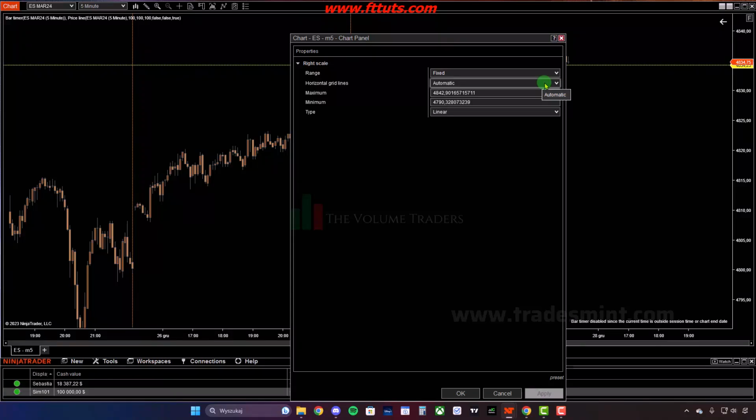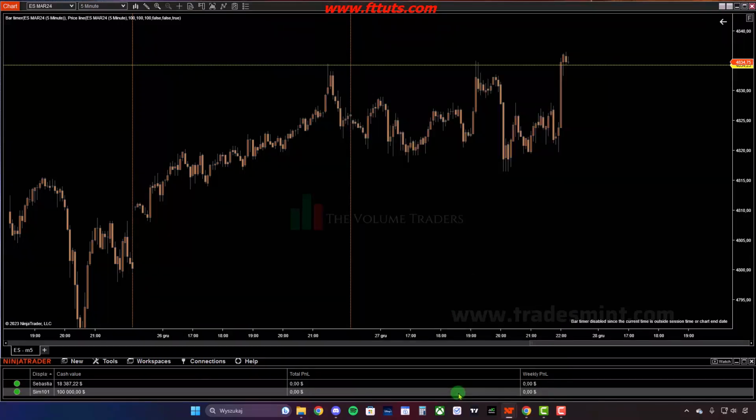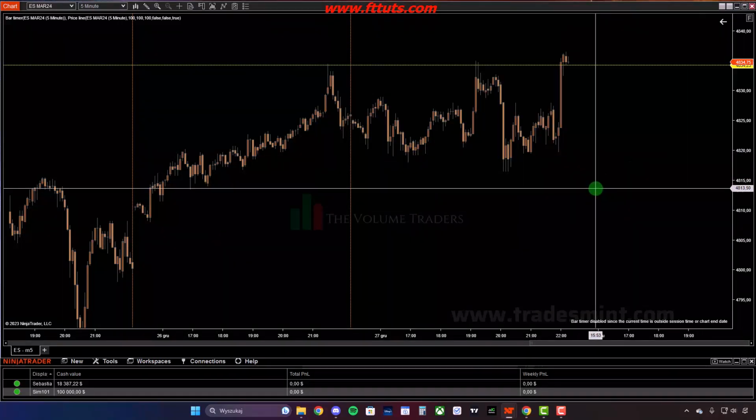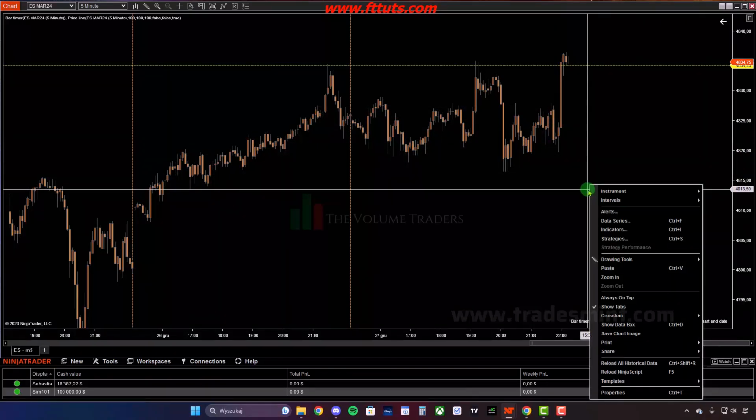As a scalper on ES, on S&P, I usually use 2-point stop losses, so I can very quickly count if some setup is worth my risk or better to leave it. So I have set this as fixed, and then 2 points. But nothing appeared right now. It's just the setting of this right side.